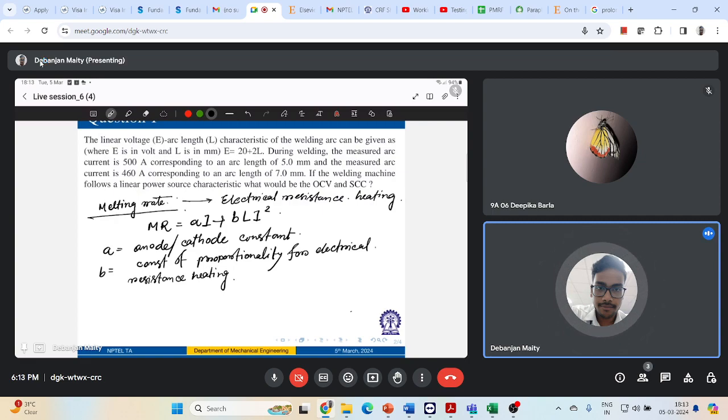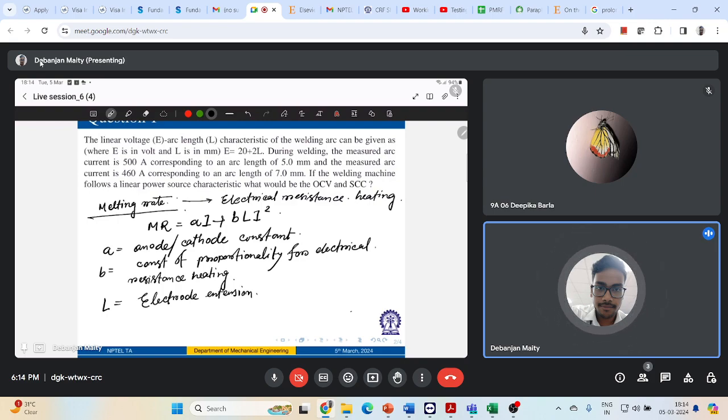You can use aluminum or mild steel, and based on those metals, you can use electrode positive or electrode negative, that is, straight polarity or reverse polarity, and depending on this they have estimated the values of A and B. Here, what is L? L is the electrode extension.